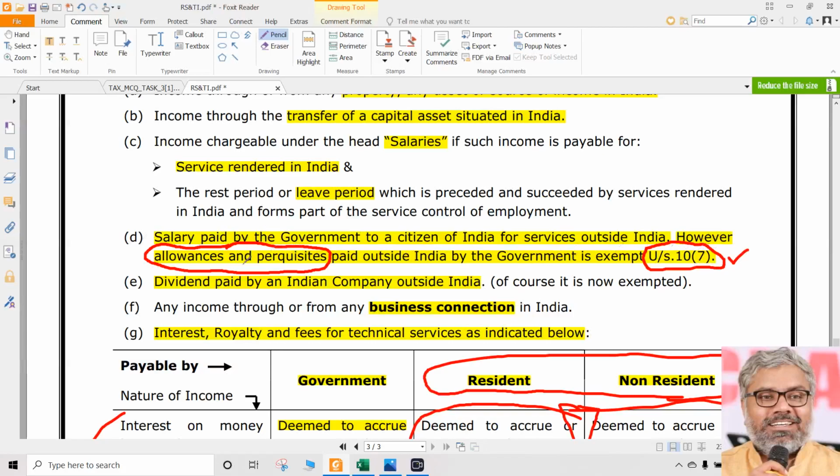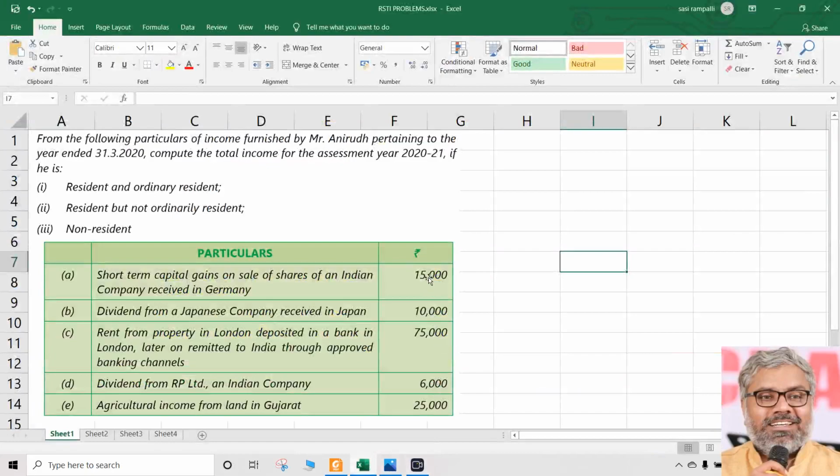So what was that exempt? Allowances and perquisites. Allowances and perquisites payable by government of India to an Indian citizen outside India are exempt. Salary is taxable, allowances and perquisites are exempt. That is what we know today. So that is an additional point that we should know.